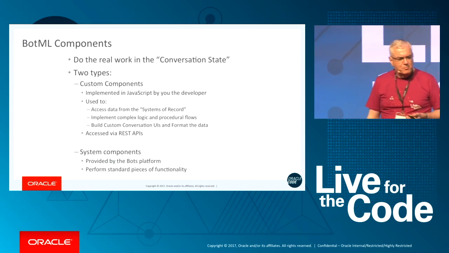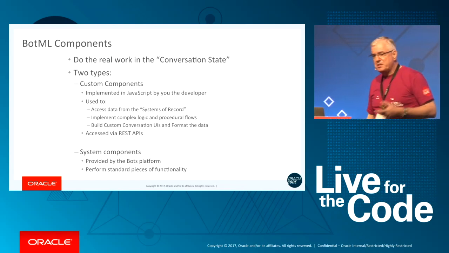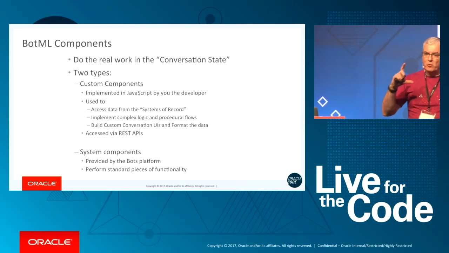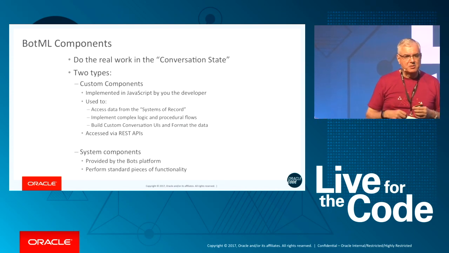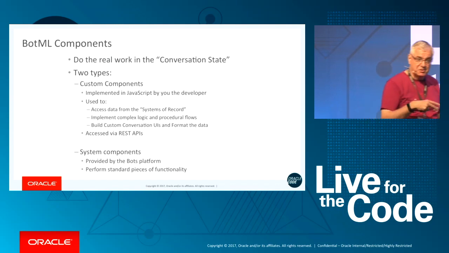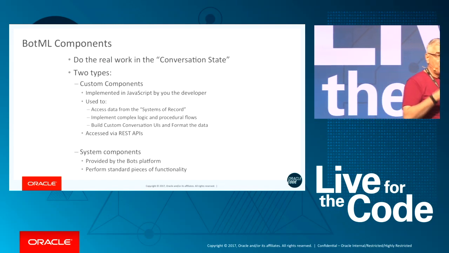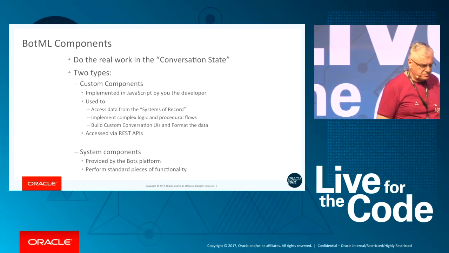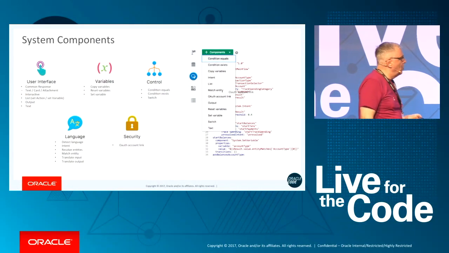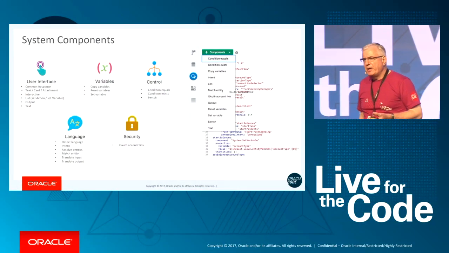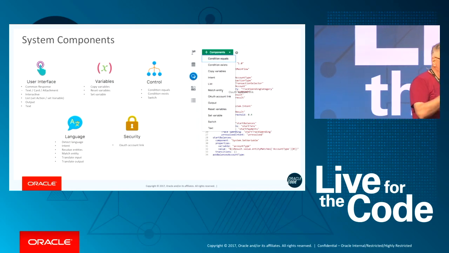Now, the other types of components we're going to be talking about here are the system components. These are predefined balls that have particular behavior. I ask a question, I print something out, I do a carousel of images. All of these are predefined widgets that you can drop into your conversation flow. And as I said, there are a number of them, whether they be user interface based, whether they be for controlling flow.